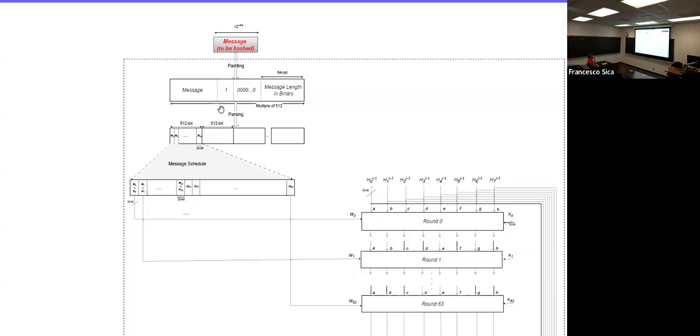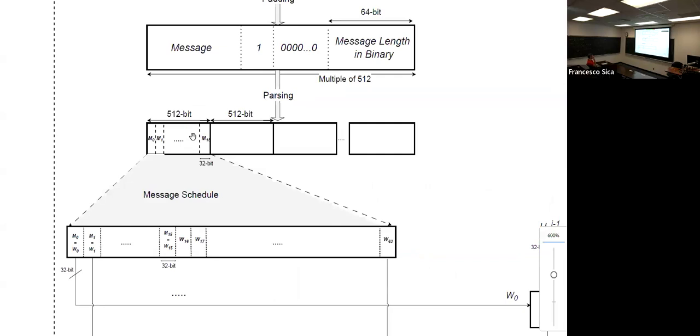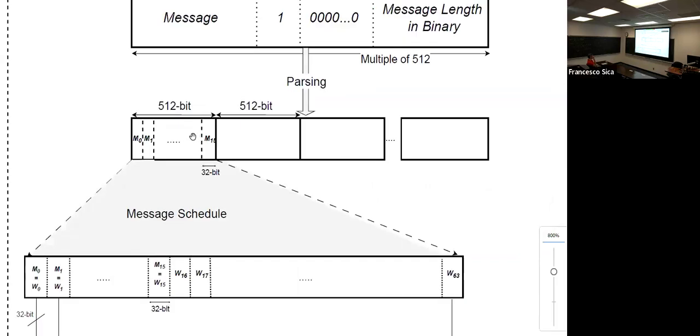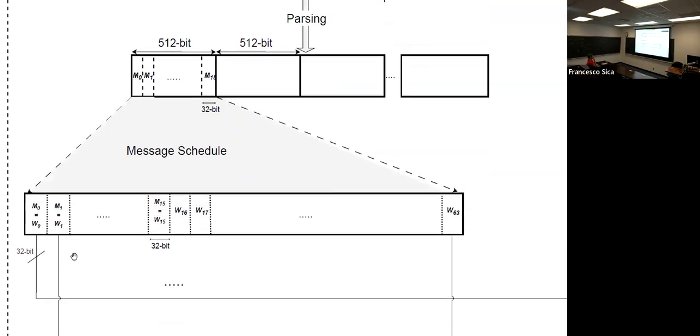Then we choose one 512-bit block, made of sixteen 32-bit words, and expand it by giving it to the message schedule function.